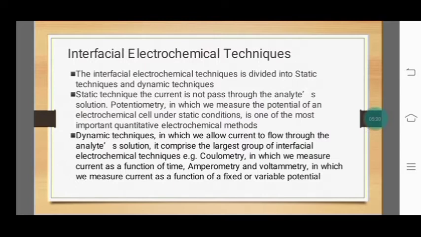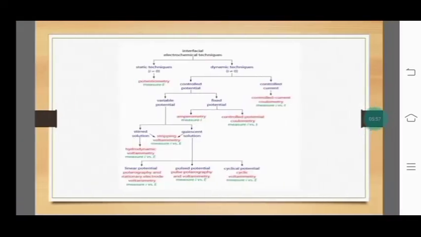In dynamic techniques, we allow current to flow through the analyte solution. It comprises the largest group of interfacial electrochemical techniques: coulometry, in which we measure current as a function of time, amperometry, and voltammetry, in which we measure current as a function of a fixed or variable potential.